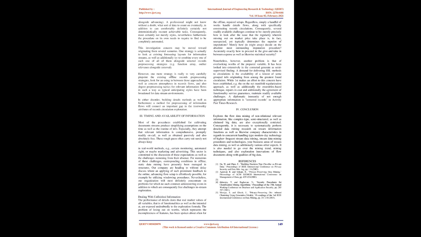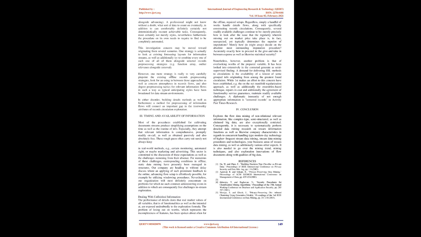This research problem may be approached from several angles. One strategy is to look at existing predicting models for data streams, and try to combine every one of them alongside selected data pre-processing strategies, e.g. feature selection, outlier detection and removal.